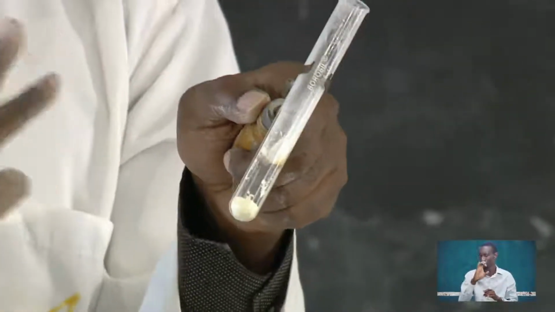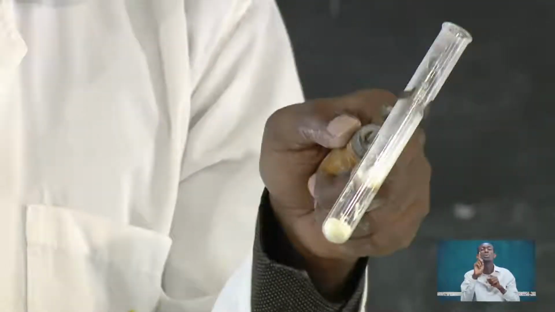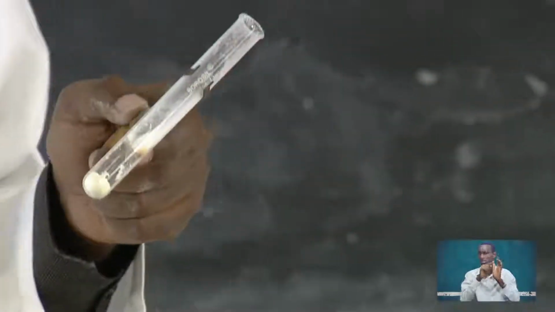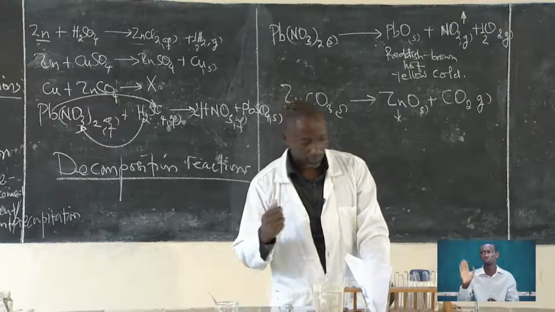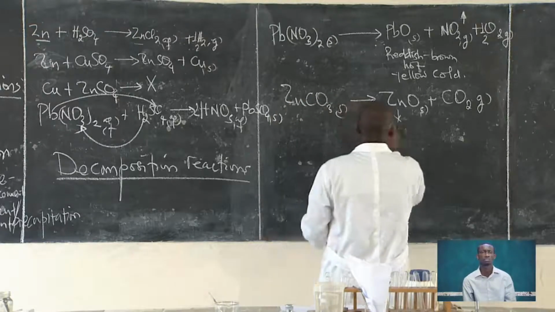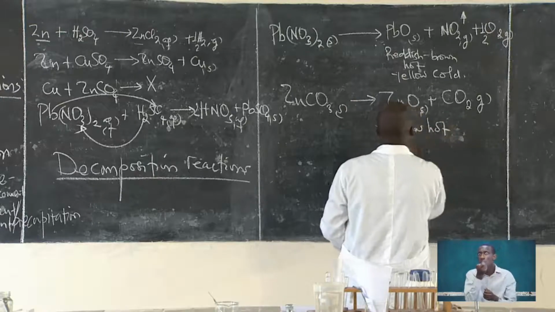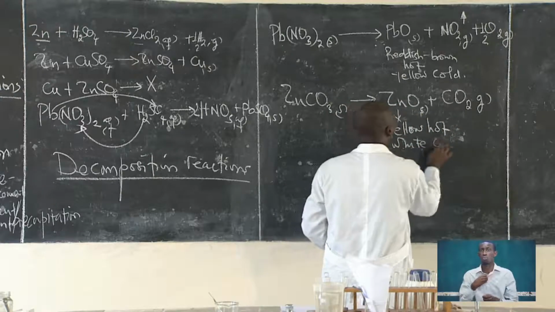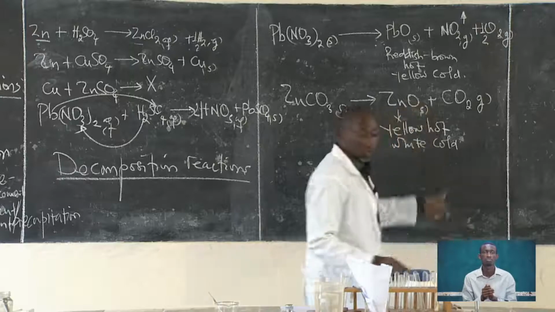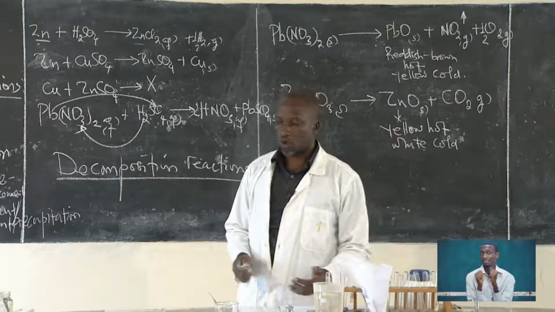Like the color of lead(II) oxide, zinc oxide has its own distinct color. It is yellow when hot, and changes to white again when it is cold.